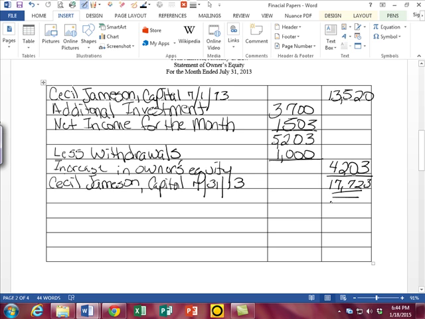Double underline tells me as an accountant that that is the final balance that I'm looking for. All right, so Cecil Jameson's equity increased for the month by $4,203, bringing his ending capital to $17,723. This particular total is going to go to the balance sheet.